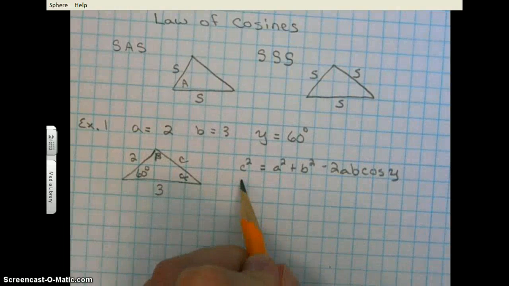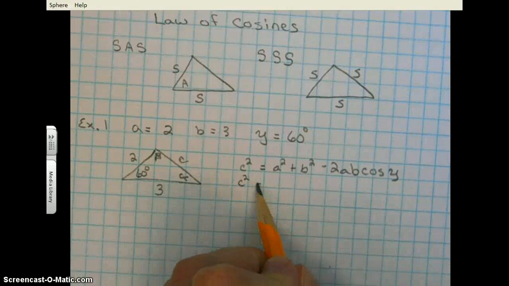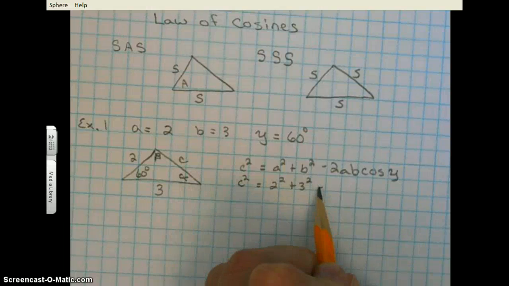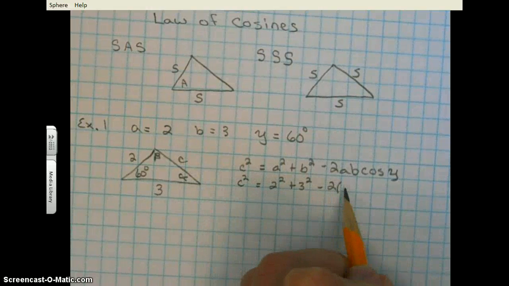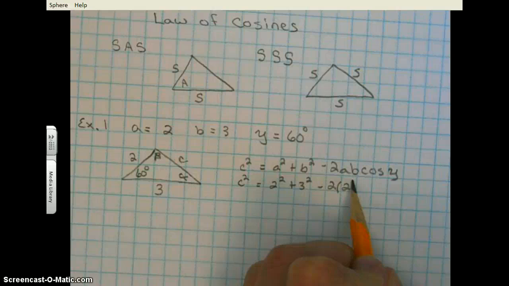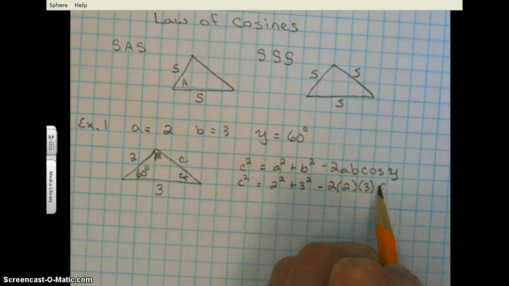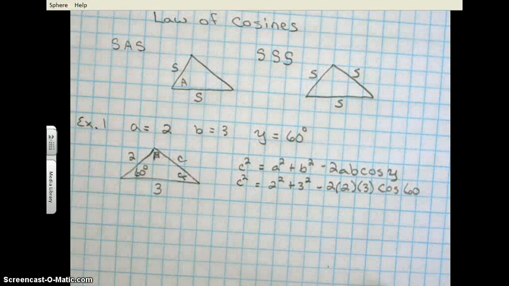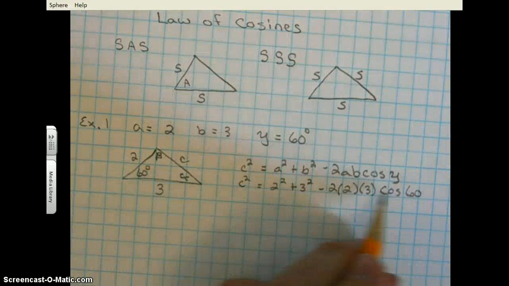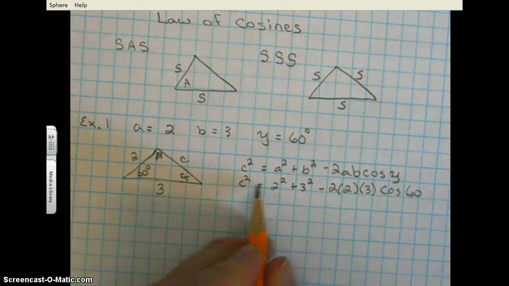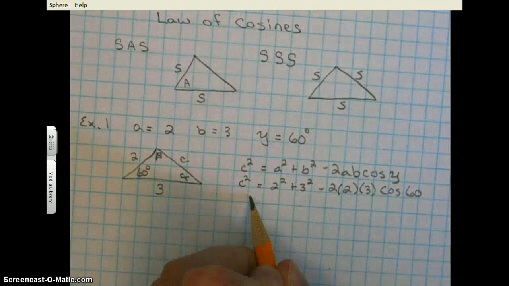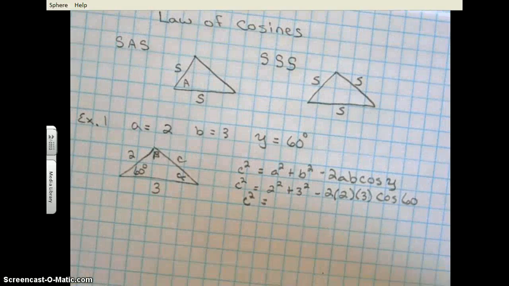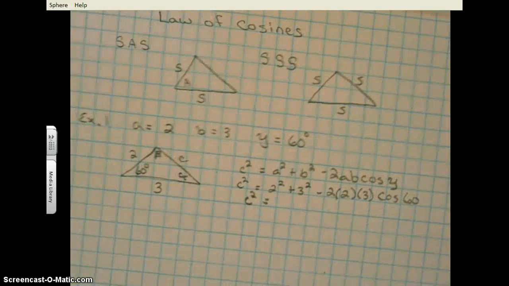Plugging our numbers in, C squared equals 2 squared plus 3 squared minus 2 times 2 times 3 times the cosine of 60. So this is just a calculator operation. If you put this all in your calculator, and please do that, you're going to end up with C squared equals, let me plug it into my calculator here quickly.